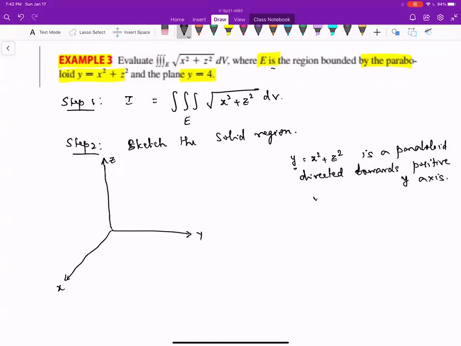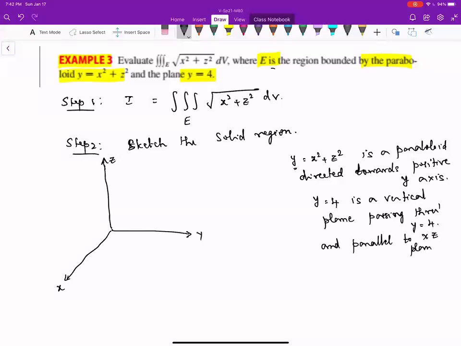Then y equals 4 is a vertical plane passing through y equals 4 and parallel to the xz plane. The equation y equals constant is always a plane parallel to the xz coordinate plane.